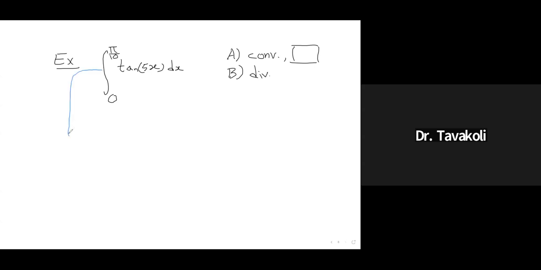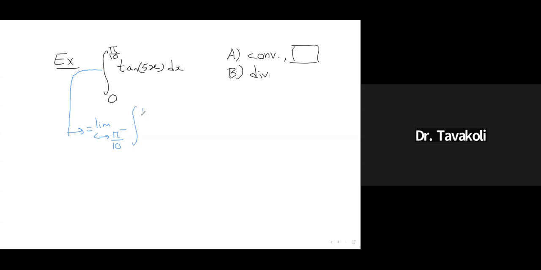For that reason, it's an improper integral. And pi over 10 was the problem, so I need to replace pi over 10 with letter c, and let c tend to pi over 10 from left or right? From the left, because pi over 10 is the upper limit of the integral.